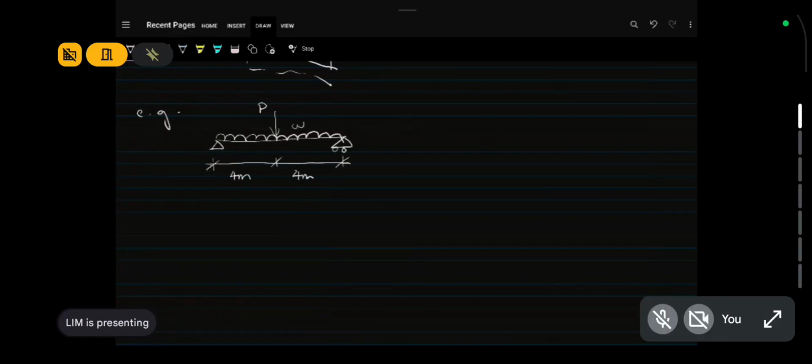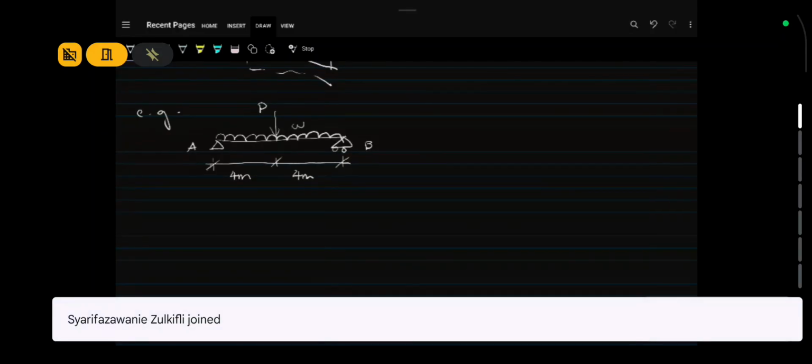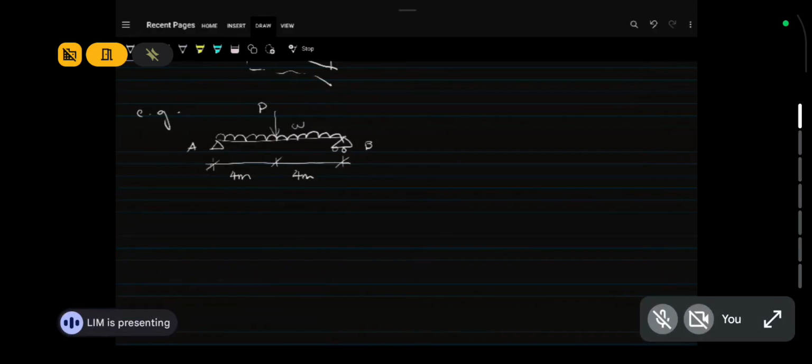This is A, this is B. So we have an 8-meter beam with a UDL of W and a point load of P in the middle. P is 4 meters from A and also 4 meters from B, so it's in the middle of the beam.